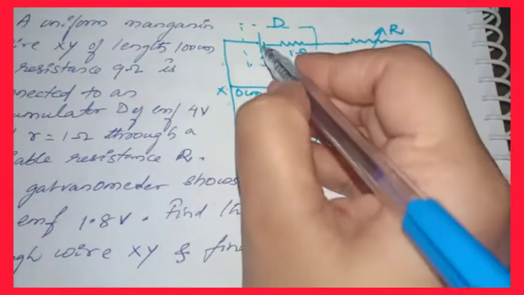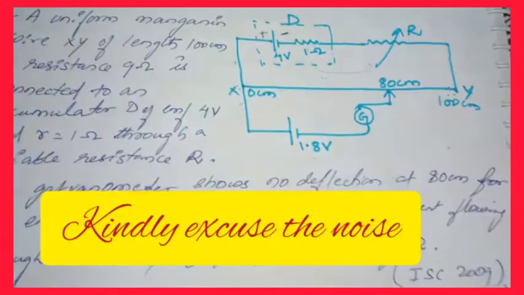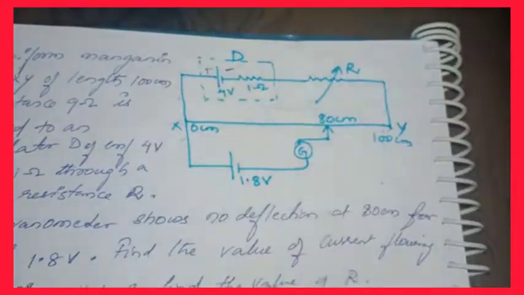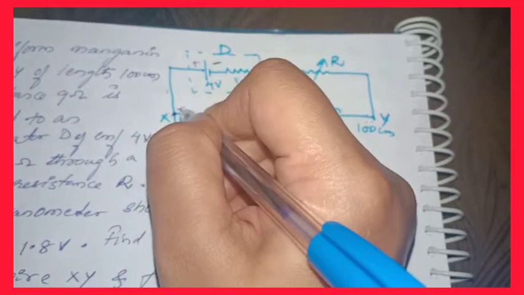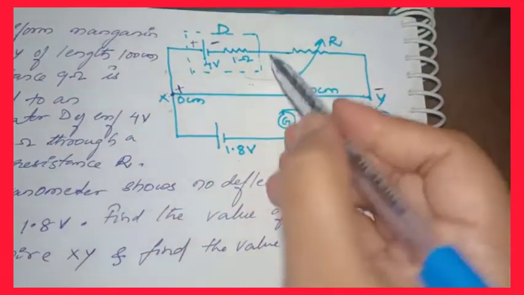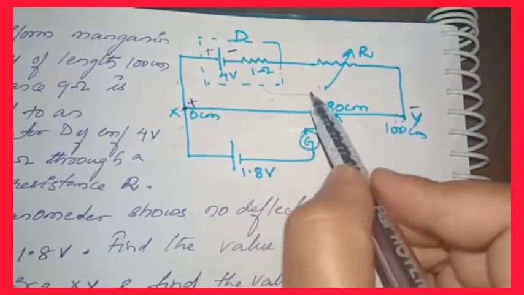So students, here you can see this is the plus or the positive terminal of the battery and this is the negative terminal of the battery, and another portion here at X this is positive and at Y this is negative. So I am just putting the symbols so that it is easy for us to solve by using KVL.